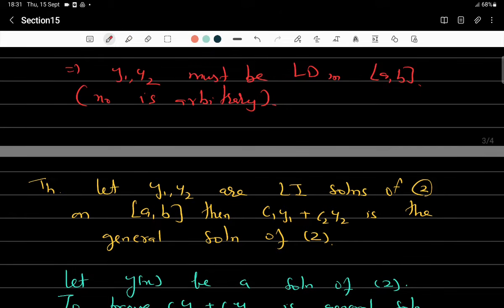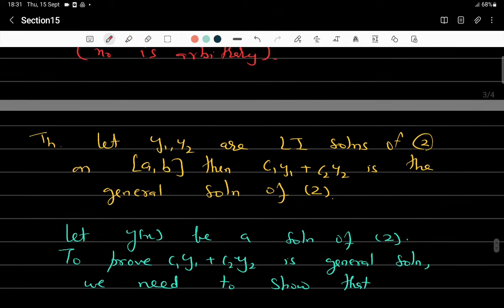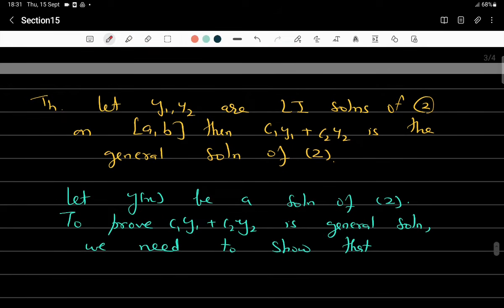So if y1, y2 are LI, then we have to show that C1 y1 plus C2 y2 is the general solution. To show this, we assume that y of x is any solution of equation 2, then there must exist C1 and C2 such that y of x is C1 y1 plus C2 y2.